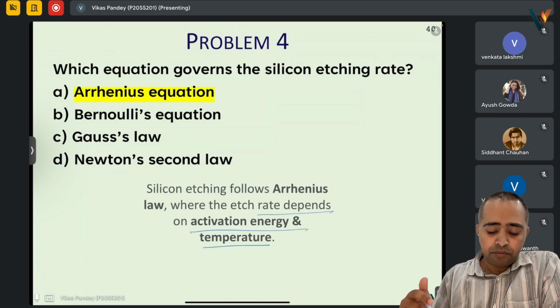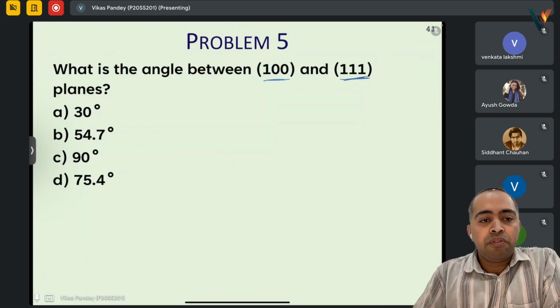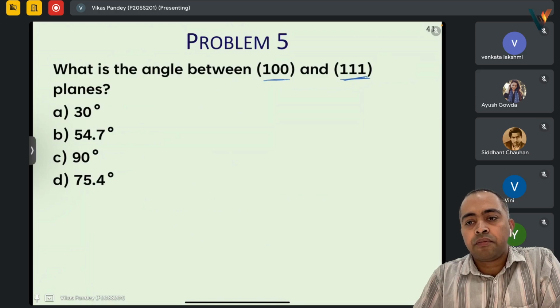Okay. What is the angle between the 100 and 111 plane? 30 degree, 54.7, 90 or 75.4? Yes, anyone? This number we have discussed.